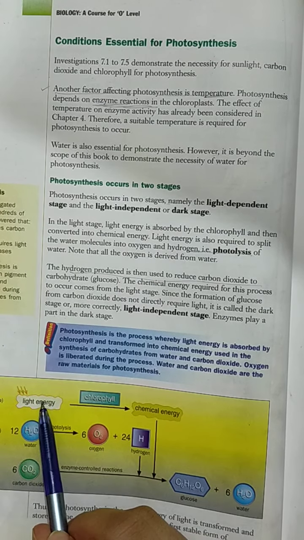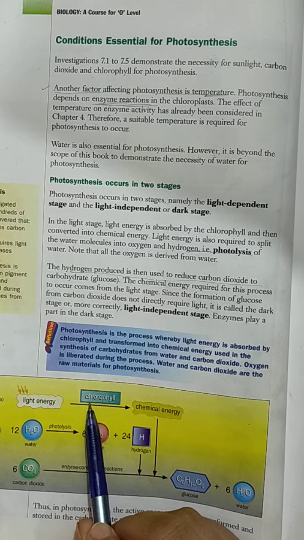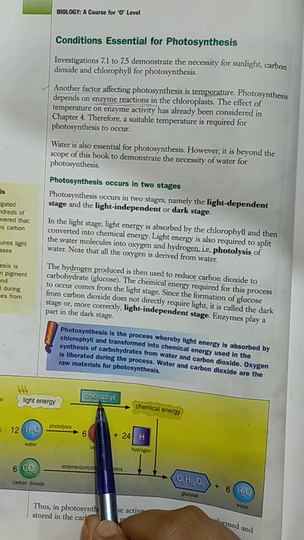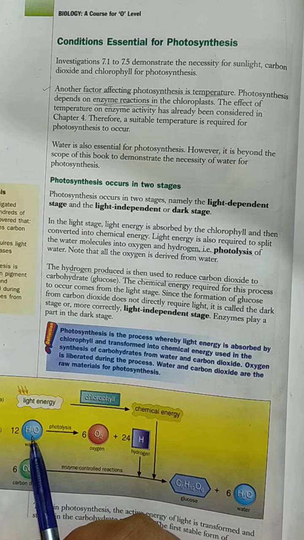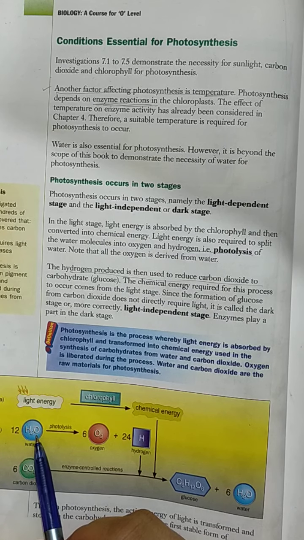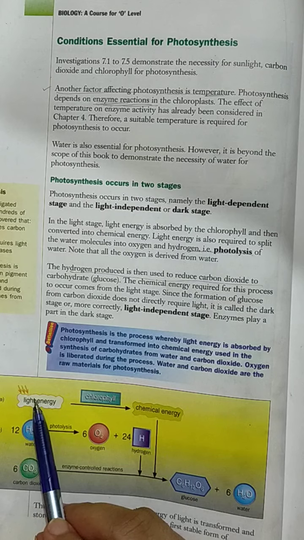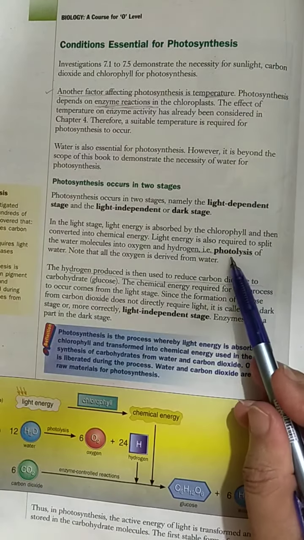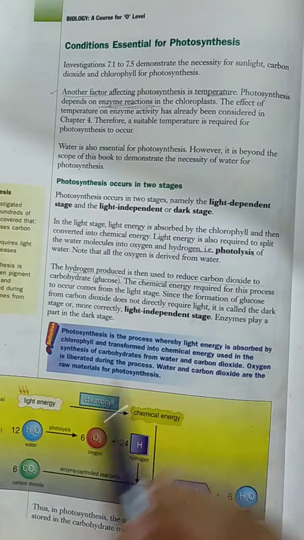When light is available, in the chlorophyll, which is the green matter present inside the leaves, a chemical reaction takes place, during which the water molecule breaks down. Water which is taken by the root reaches the leaves, and in the leaves, in the presence of sunlight, photolysis takes place, and that photolysis is the breakdown of water.